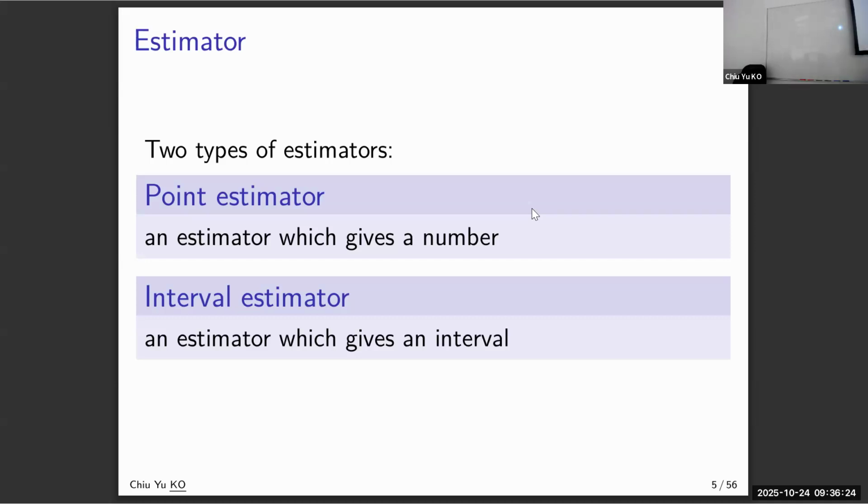You just give me a number. But how precise it is is not entirely clear. The interval estimator tells us how confident or how precise our point estimator is, because it incorporates the standard deviation of the point estimator.